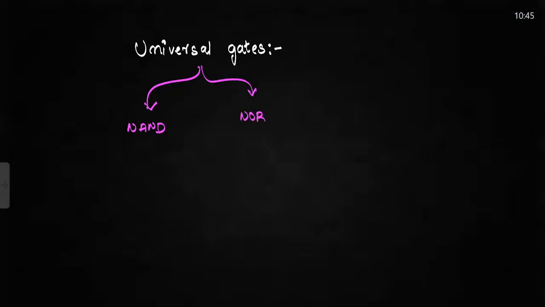The question is why are we calling them universal gates? The reason is that with NAND and NOR we can design any circuit.